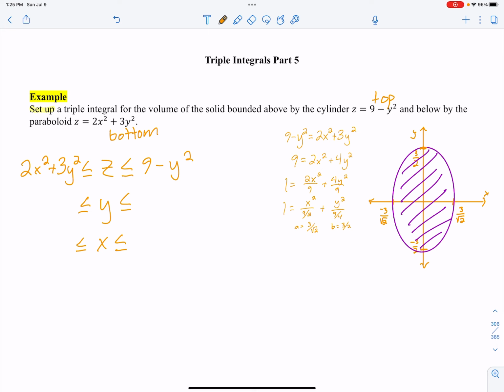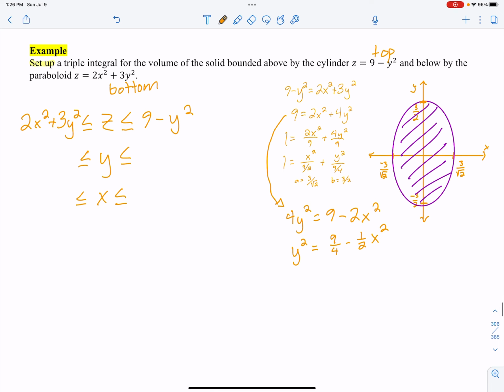Now, that doesn't help us with our y's, except we can use this statement right here. Okay, I'm going to solve for y here. So if I do that, I got 4y squared equals 9 minus 2x squared. What I'm trying to do is bound y. I'm going to divide everything by 4, so I get y squared equals 9 over 4 minus 1 over 2 x squared. Okay, and then we're going to take the square root.